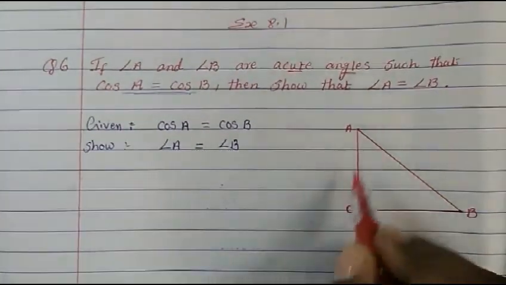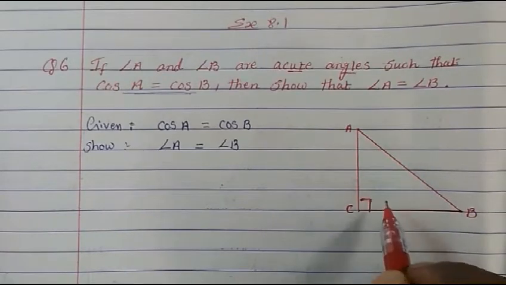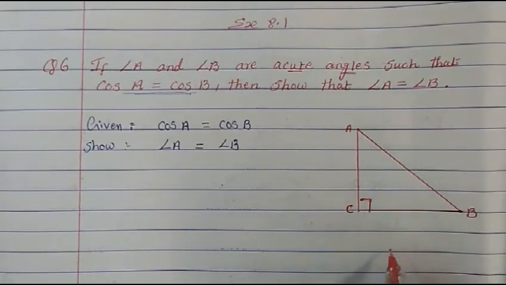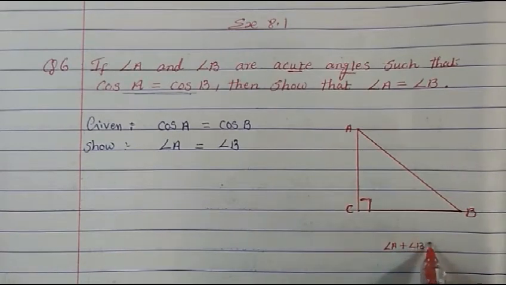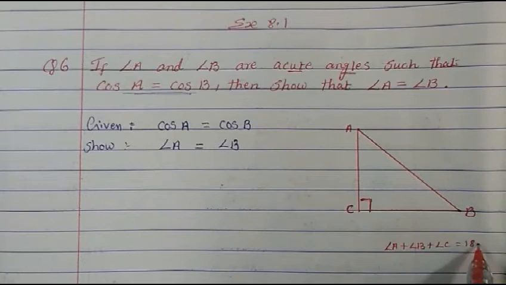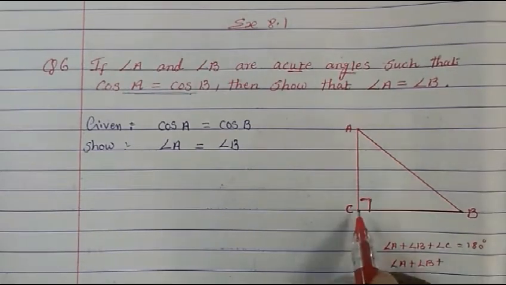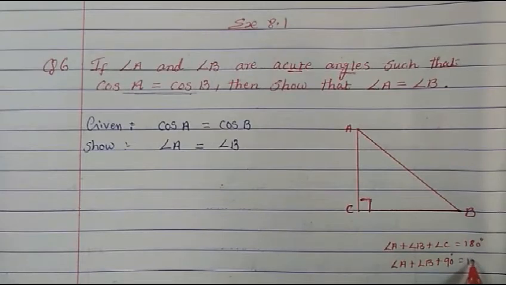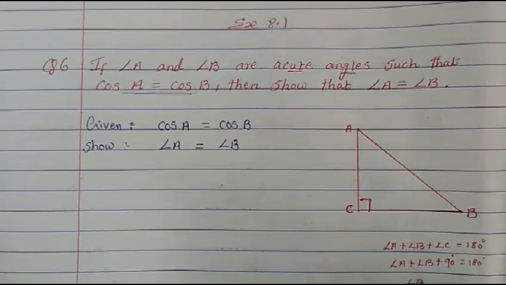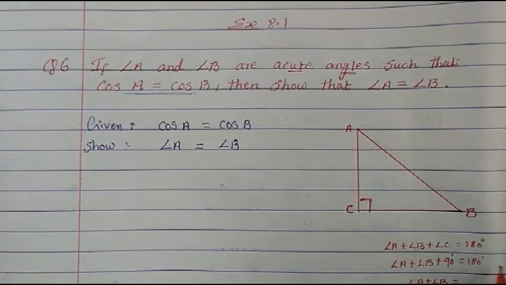The sum of the angles of a triangle is 180, we know that. That means angle A plus angle B plus angle C together is 180. Since angle C is 90 degrees, angle A plus angle B will be 180 minus 90, which is 90 degrees.